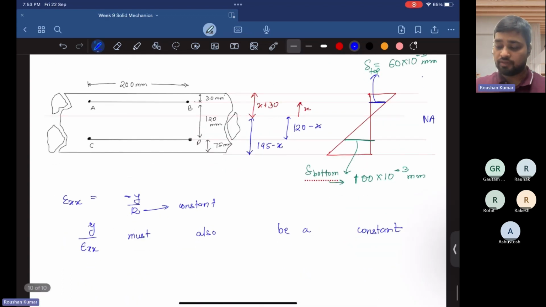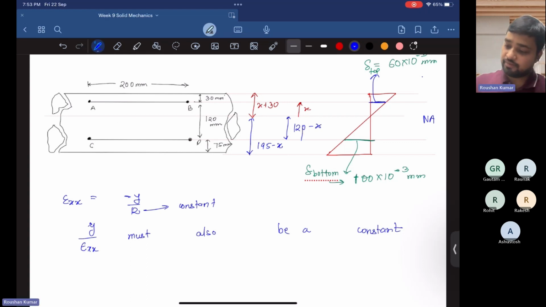And we know from the strain displacement relation that the longitudinal strain due to bending is given by minus y by r, and here r is constant, so the ratio y by epsilon xx must also be a constant. We are using that condition for these two cases, where the top fiber is in extension and the bottom fiber is in compression.